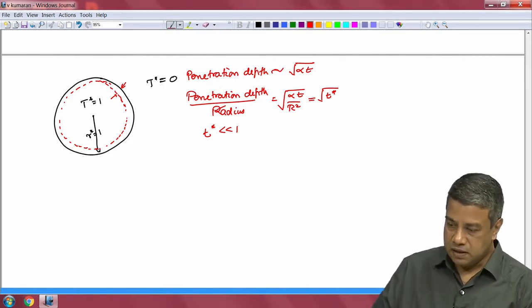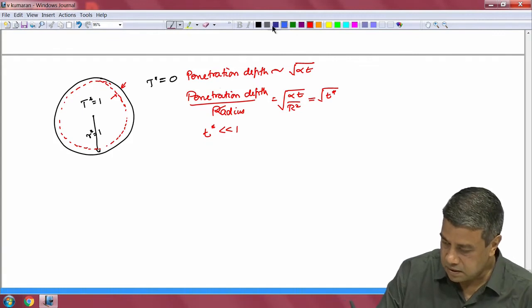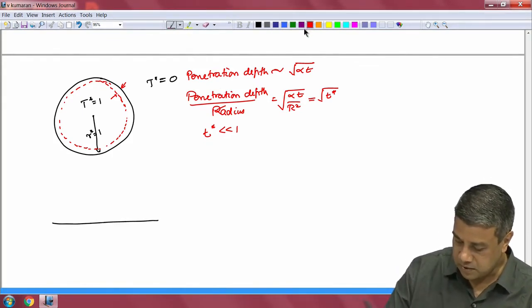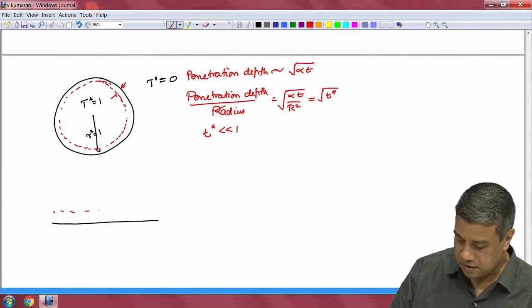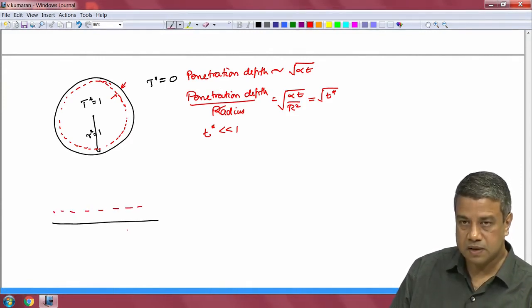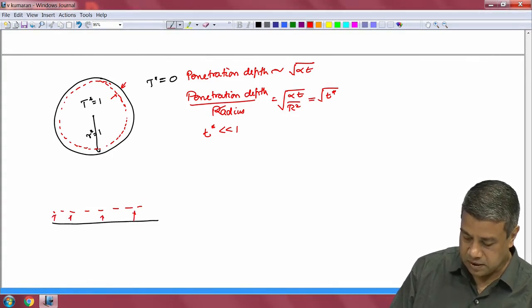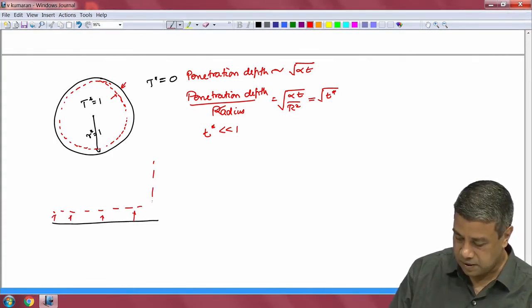Locally it looks like conduction into an infinite medium.